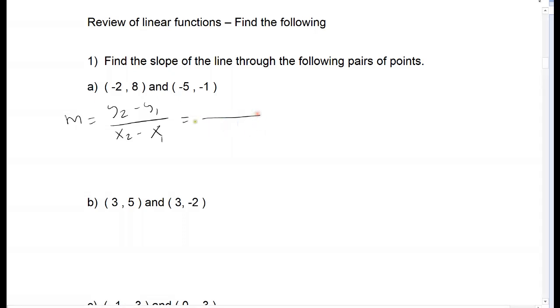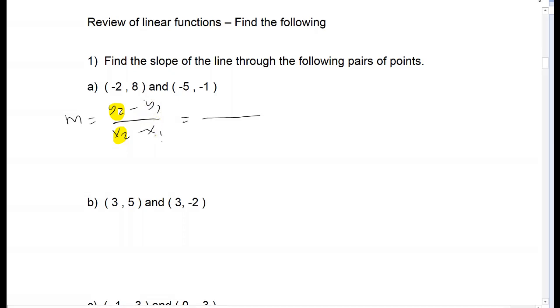Difference of. It's up to you; you could do your subtraction slightly differently than what I do, as long as you're consistent. What I mean by consistent is y2 minus y1 over x2 minus x1. Those numbers should come from the same pair.